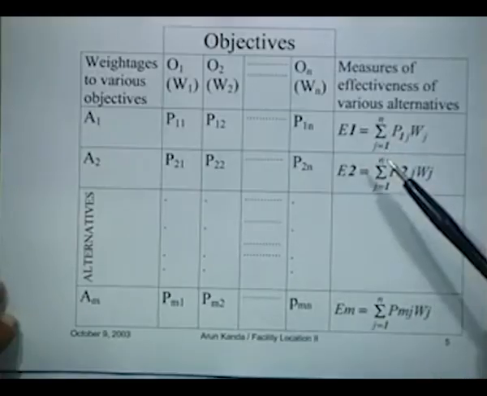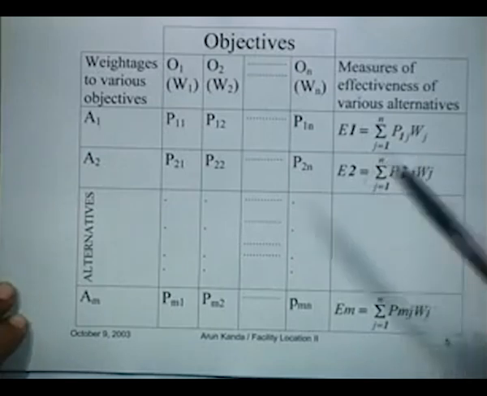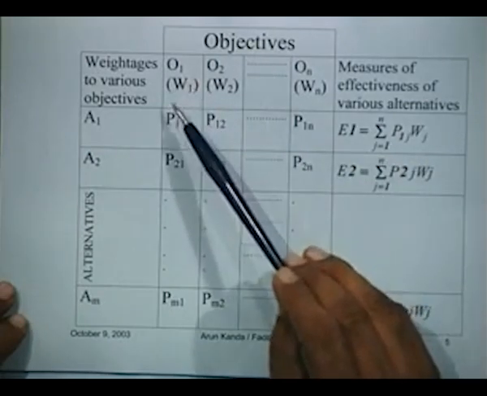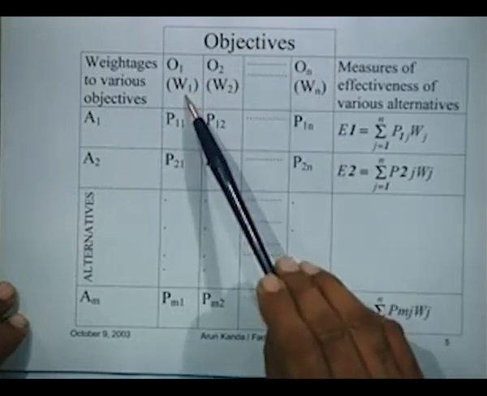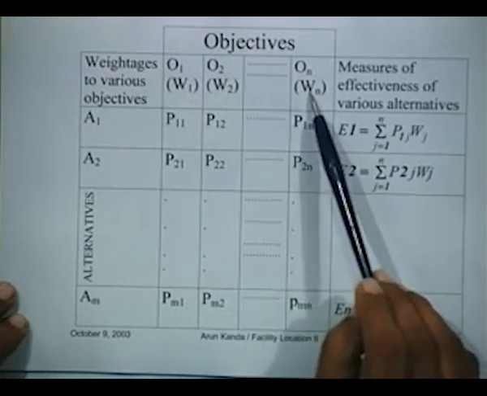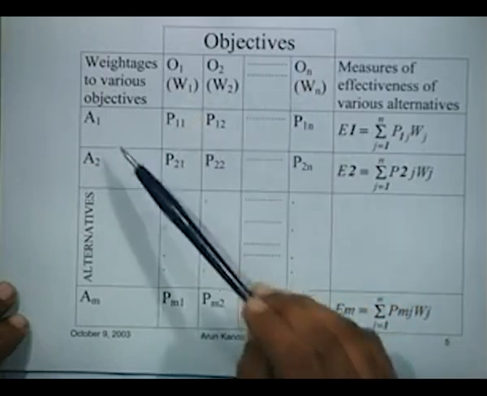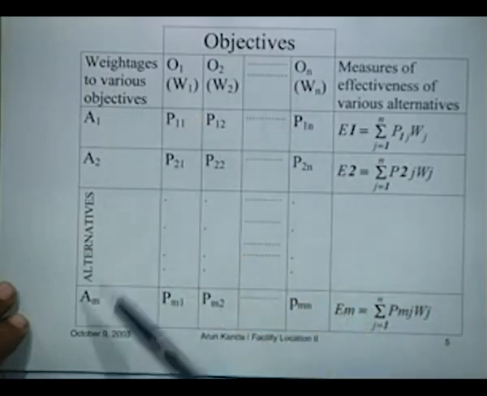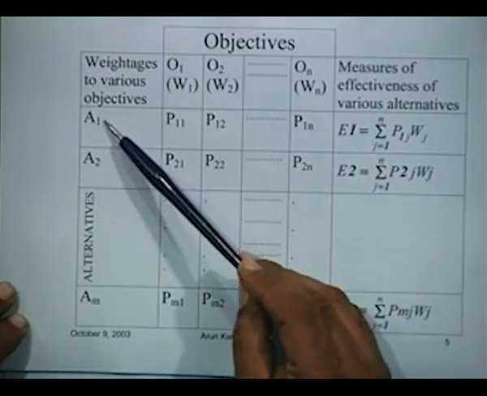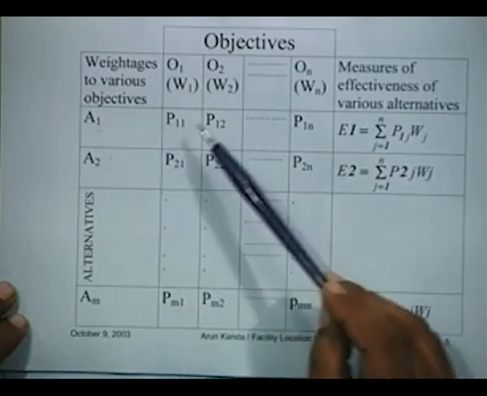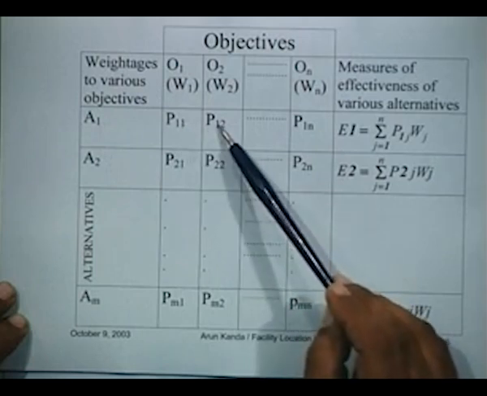Our approach in this problem is essentially something very simple, and it is summarized in the form of this table. What we would like to do is we have identified the objectives that we have. We would like to prioritize these objectives and give certain weights, and then we identify alternative locations A1, A2 and so on up to AM, and each alternative location is evaluated on the corresponding objective.